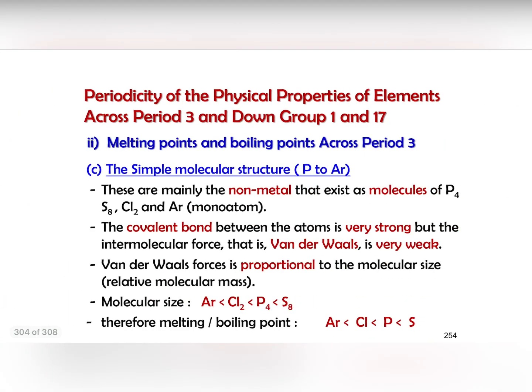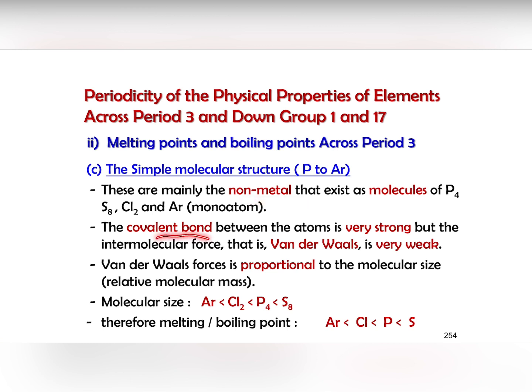Right, so let's have a look at the elements from phosphorus to argon. These are mainly non-metals that exist as molecules. We have phosphorus, which exists as P4, sulfur S8, chlorine Cl2, and argon as a monoatom. All of these are non-metals.